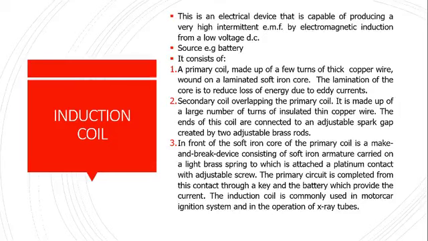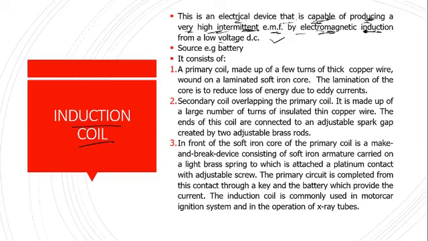Alright, at this point, let's talk about what we call an induction coil. An induction coil is an electrical device that is capable of producing a very high intermittent EMF by electromagnetic induction from a low voltage DC.